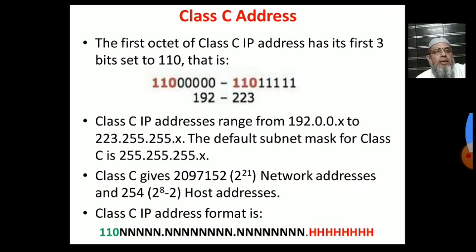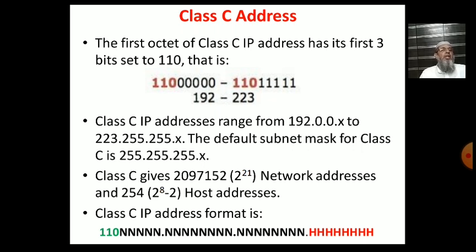Class C address. Here the first 3 bits of the first octet of the class C IP address are set to 110. So the start value is 192 and the maximum value is 223 in the first octet. 192 to 223, the first octet will contain.